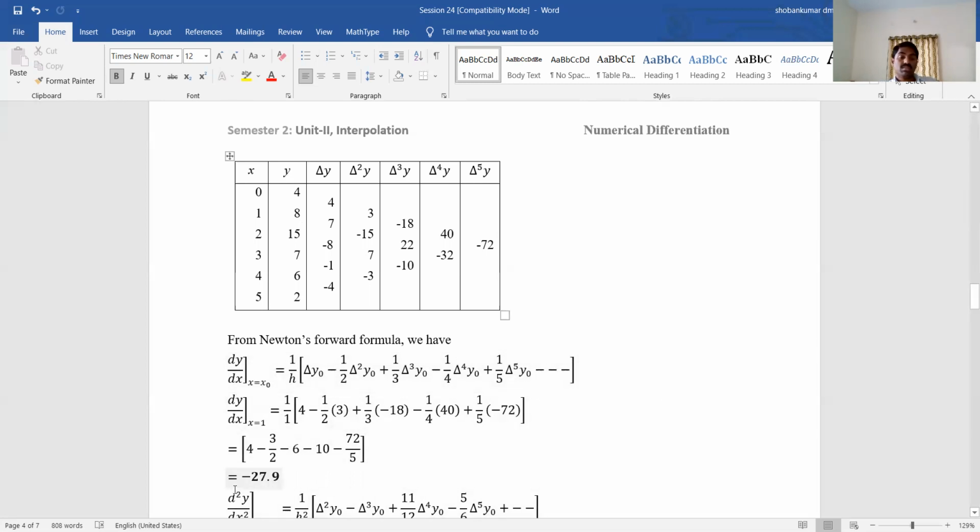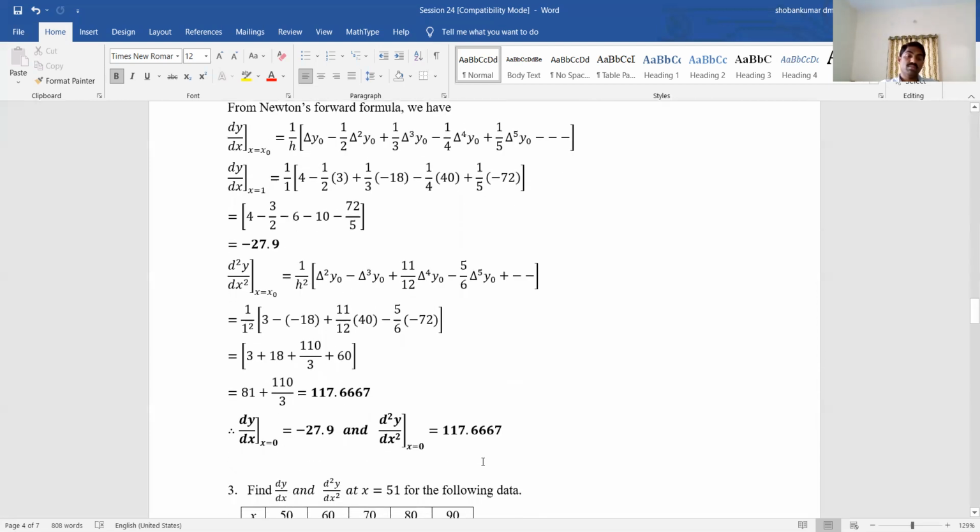Here h is 1, so 1 by 1, delta y naught is 4, minus 1 by 2, del square y naught is 3, plus 1 by 3, del cube y naught is minus 18, minus 1 by 4, del 4 y naught is 40, plus 1 by 5, del 5 y naught is minus 72. Substitute and simplify, we get dy by dx at x equal to x naught is minus 27.9.